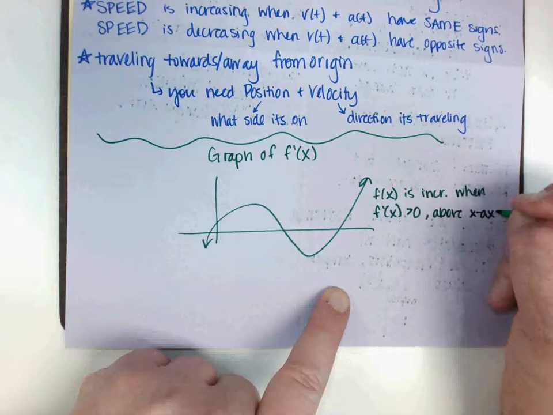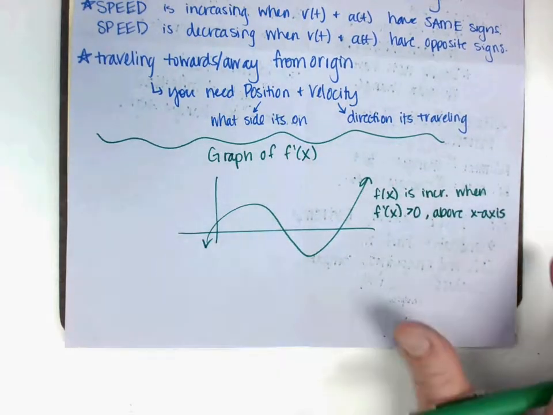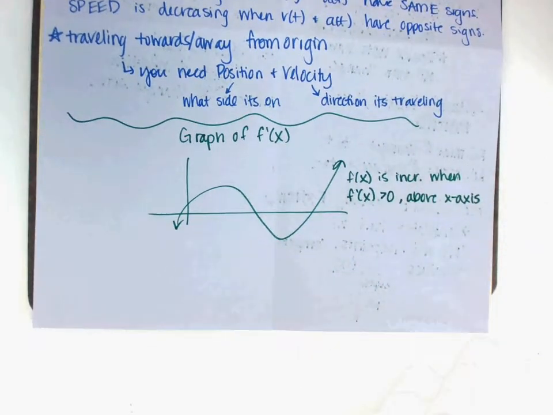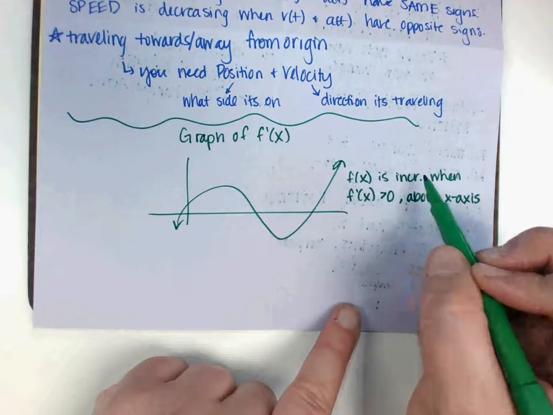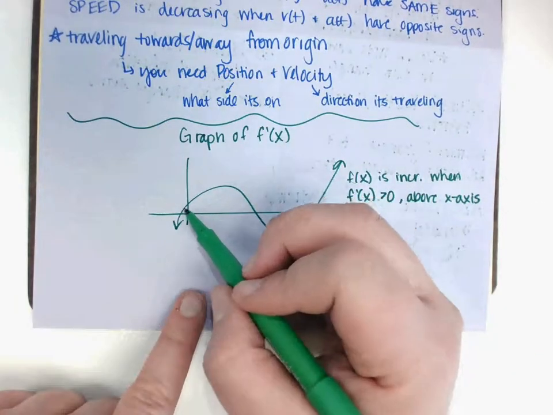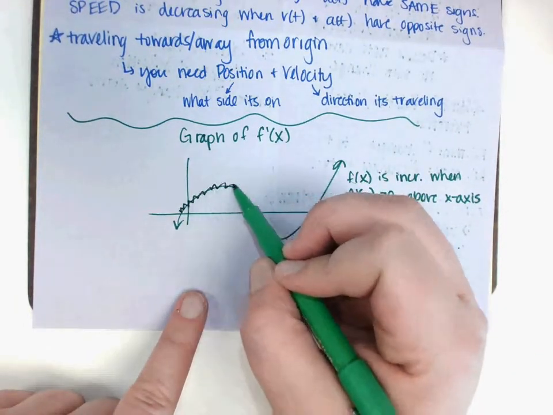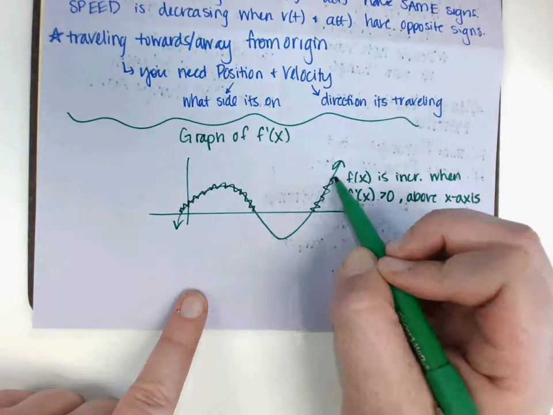Okay, so this is stuff that you should already know. Now, think about, if we're talking about position, velocity, and acceleration, then whenever f of x is increasing, that's when your particle would be traveling to the right. So we'd be looking at this whole thing here, and then this whole thing here.